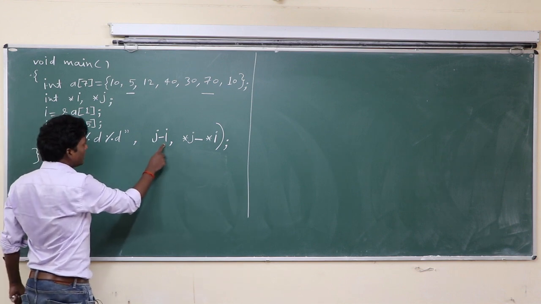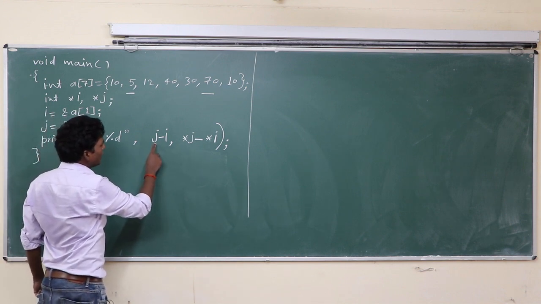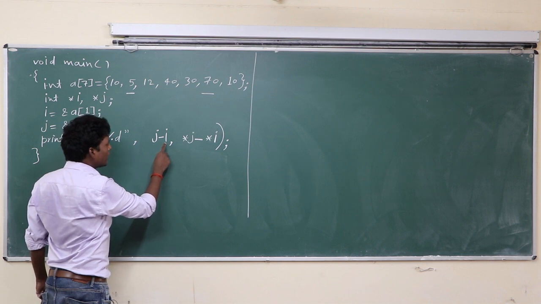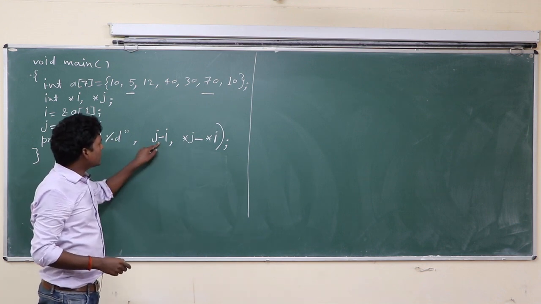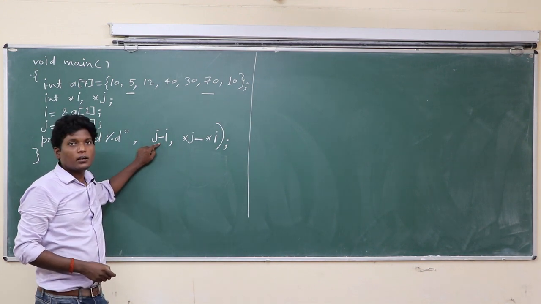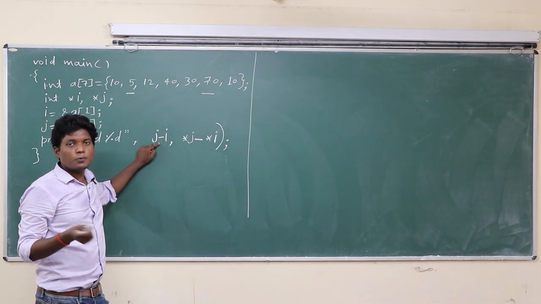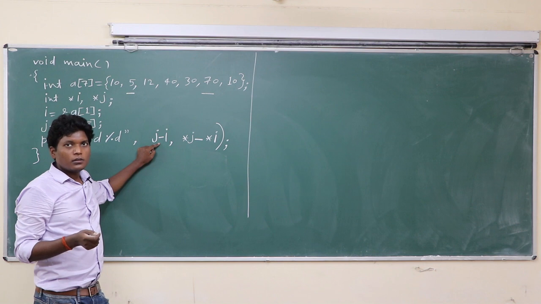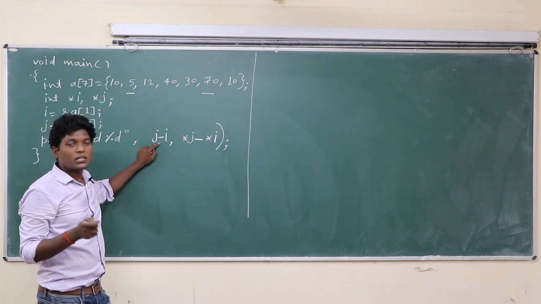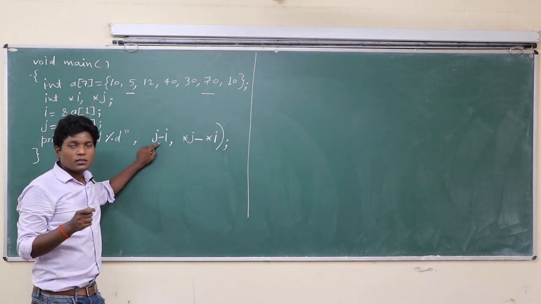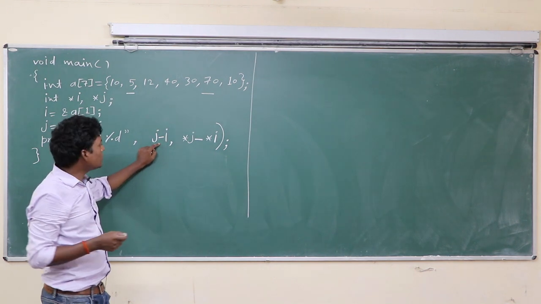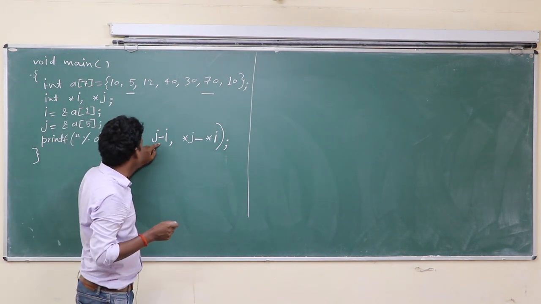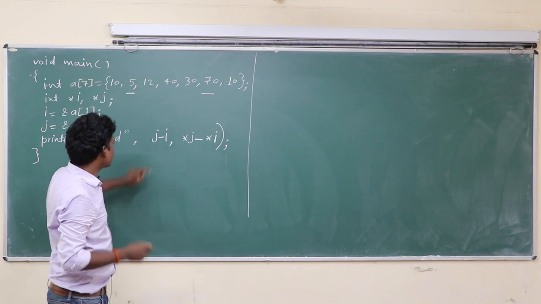J minus I. J is a pointer, I is also a pointer. So one pointer is subtracted from another pointer. Subtraction of 2 pointers is possible, valid. Okay class? When you subtract 2 pointers, this operation is valid.